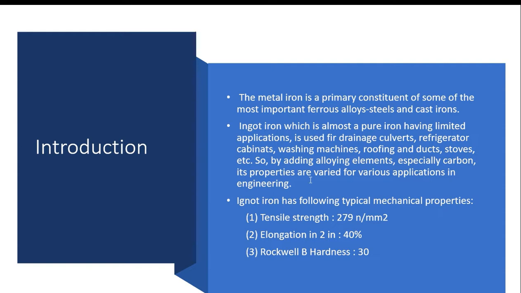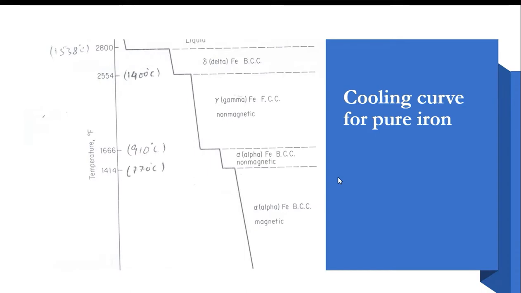After mixing carbon into the iron, they can develop some of the properties. Ingot iron has typical mechanical properties. You know what a mechanical property of an element is: tensile strength, elongation, Rockwell hardness. Those are the properties.